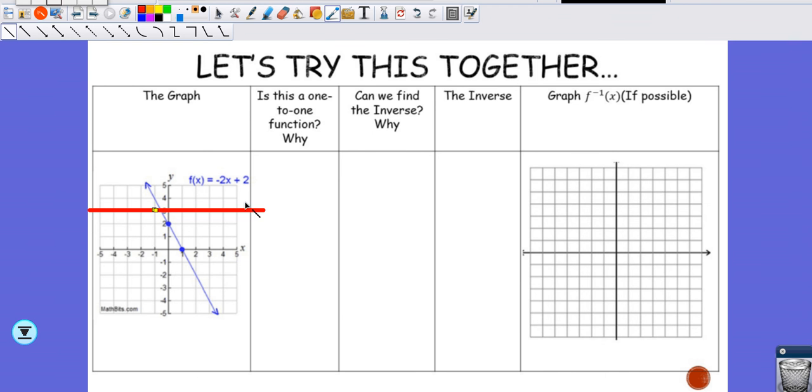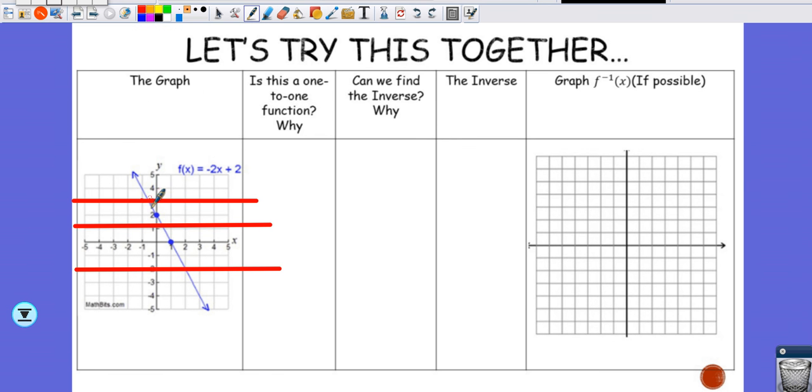So if I do the horizontal line test, it touches the graph only once there. If I do another horizontal line test, it touches it only once there. It touches it only once there. So, see, it only intersects that graph once. And if I draw other horizontal line tests, I would see that it'll work too.